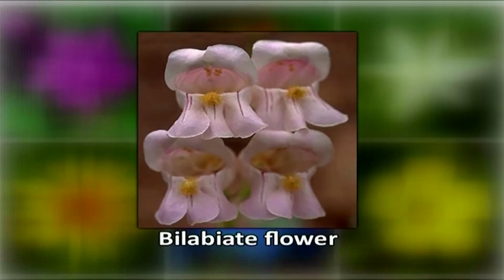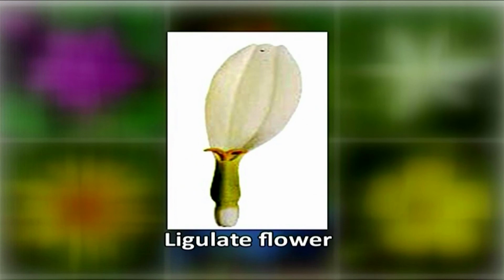Similarly, flowers with zygomorphic corolla can also be of following types: bilabiate with 2 lipped structures, usually due to a landing platform, commonly found in labiates, or may be ligulate, that is petals connate at the margins to form a strap shaped corolla as in the members of family Asteraceae.